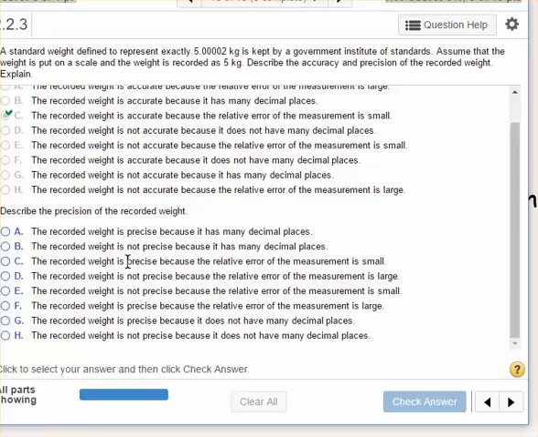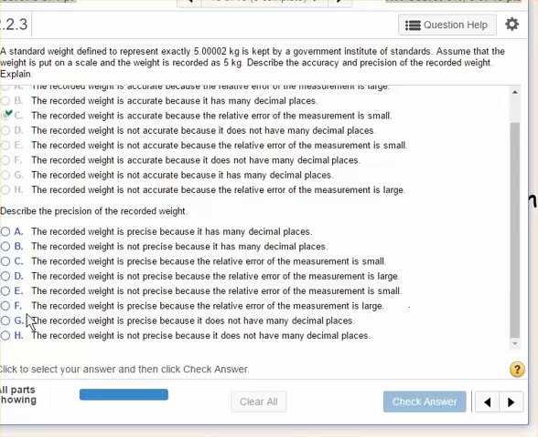The recorded weight is precise because the relative error of the measurement is small? The recorded weight is not precise. Remember, we're not comparing here. We're just looking at how many decimal places. The recorded weight is not precise because the relative error is large? No. Not precise because the relative error is small?